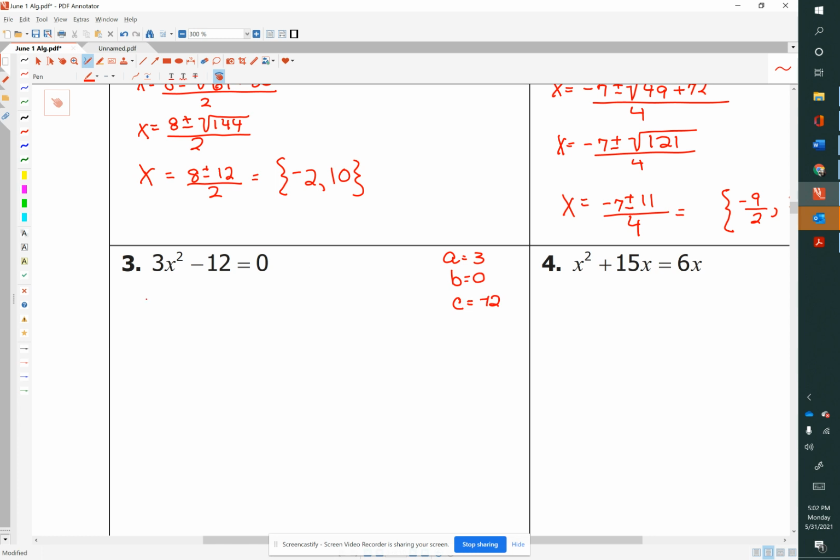So let's start with our substitutions. X equals, so it will be 0, remember, is neither positive nor negative. So 0, I'm just going to put it in parentheses just to show you how important it is to use parentheses.